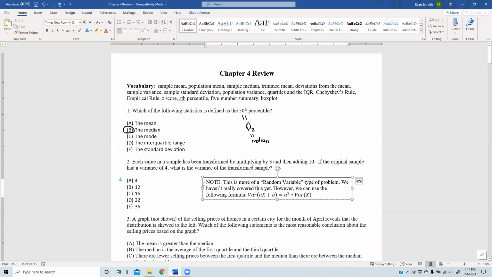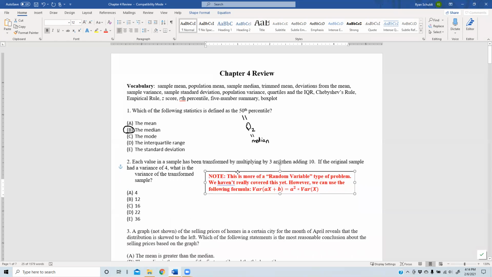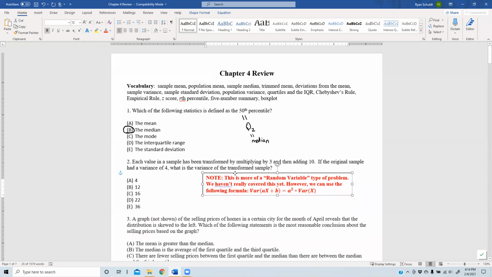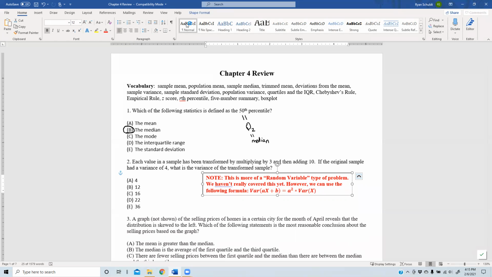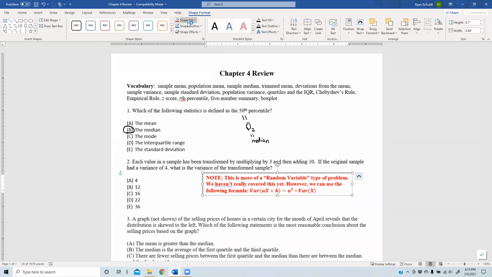Okay, so let's make that bold and red and put that up here. So let's see what we can muster up here.